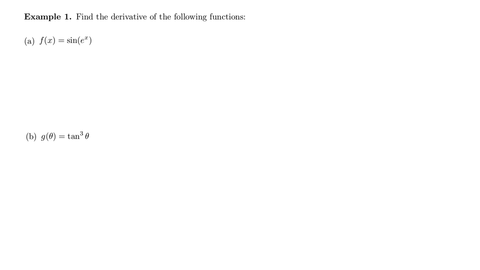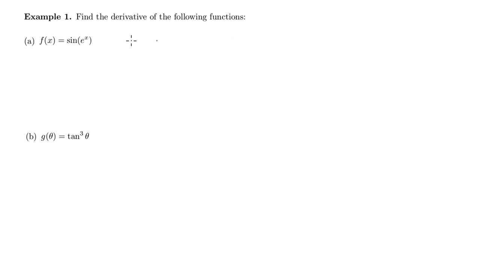So the best way to get the hang of the chain rule is just to see some examples, because it's one of those ideas that you just need to get the feel for through practice, and then it becomes really natural to do. So we want to take the derivative of this function f of x. And for the first few examples, we're going to be very explicit in showing that yes, this actually is a composition of functions.